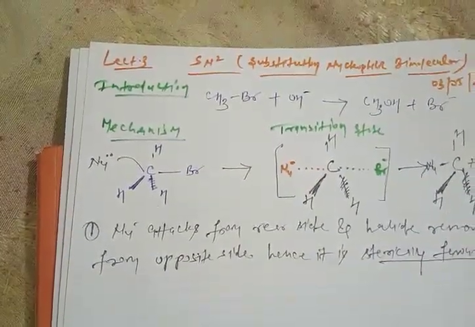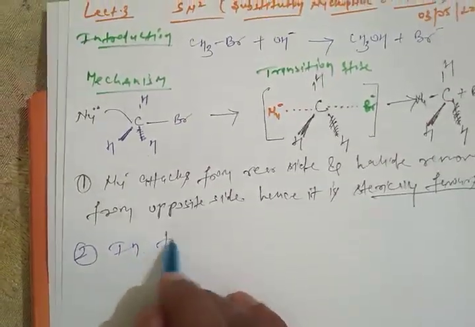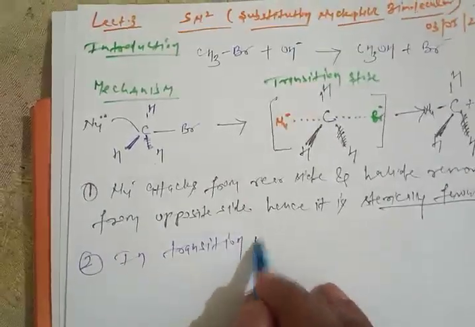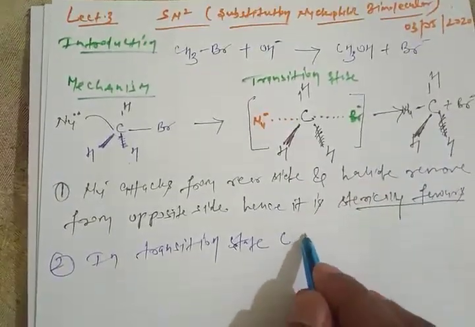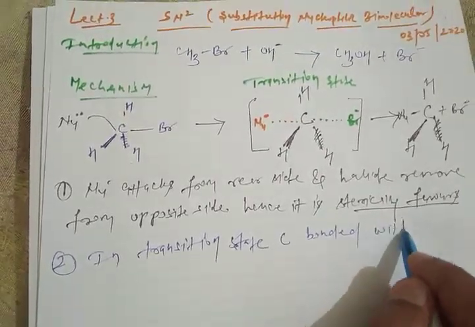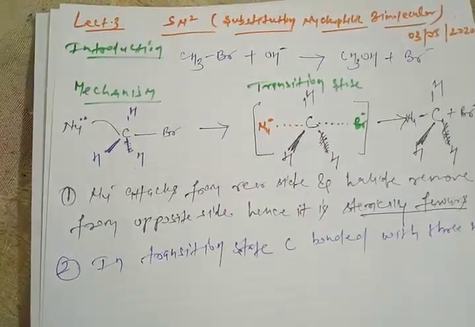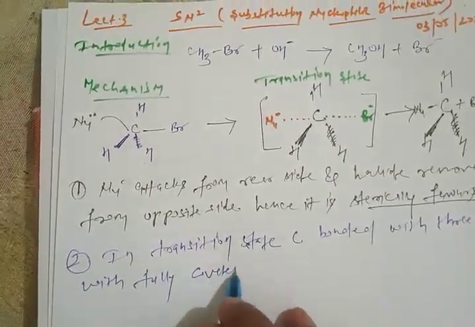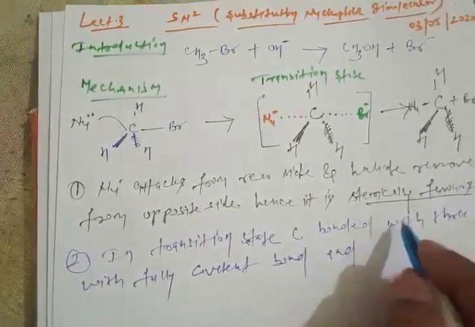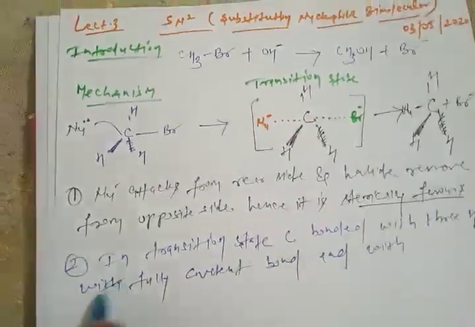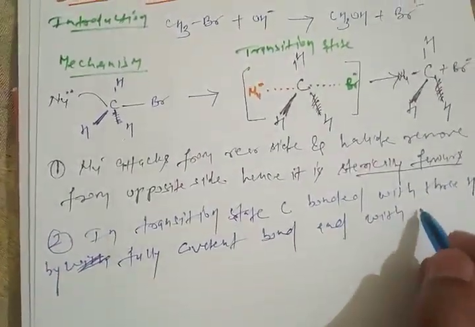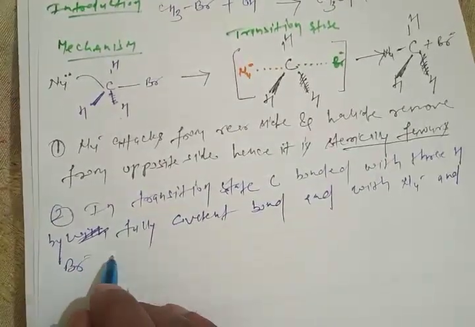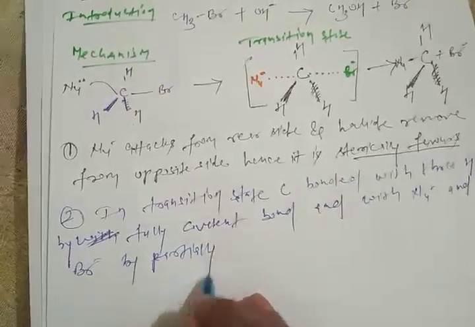So what is the second point? In the transition state, carbon is bonded with three hydrogens by fully covalent bonds, and with the nucleophile and Br by partially covalent bonds.